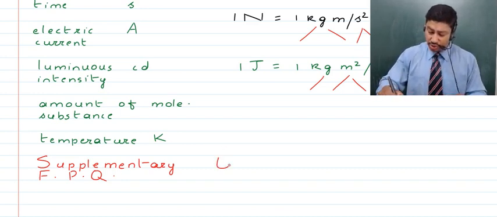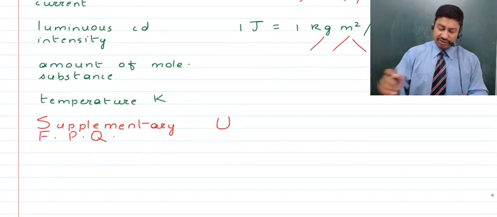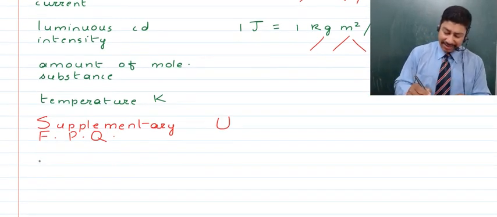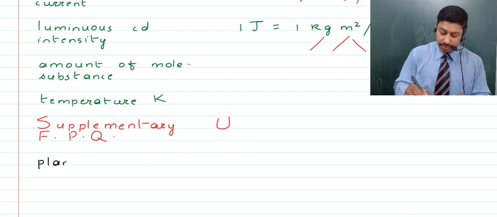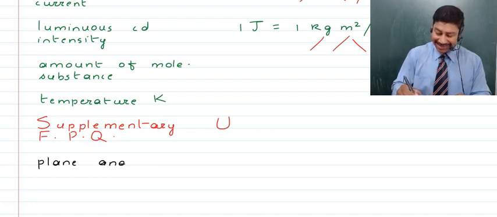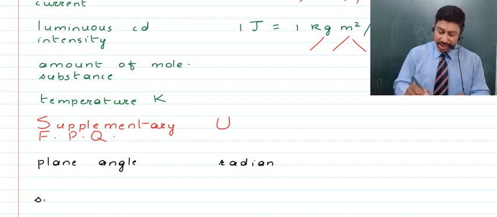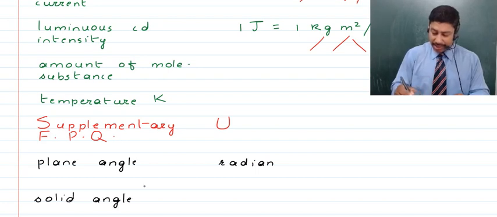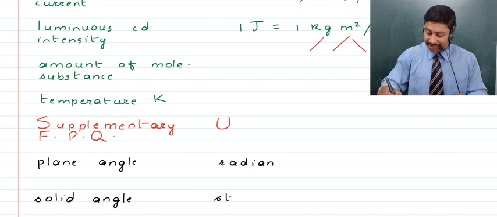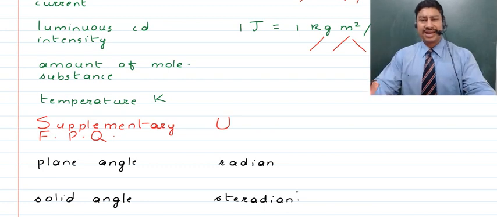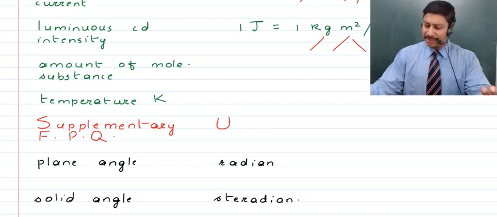And here, children, we'll be talking about their units. So first I said was plane angle, right? And its unit is radian, right? Then, children, next is solid angle, and its unit is steradian, right? These are things that you will get to study in probably class 11, or it might be that you already studied, right?